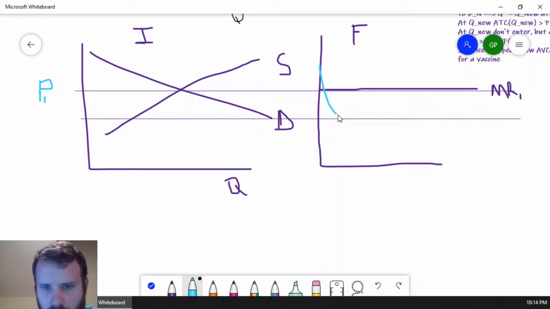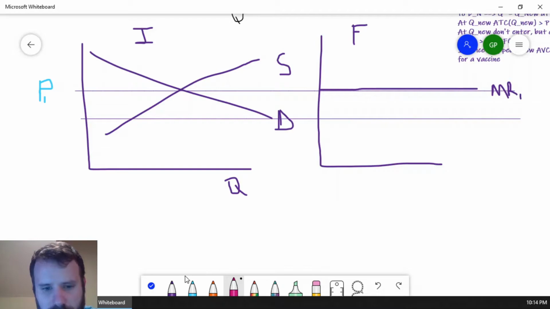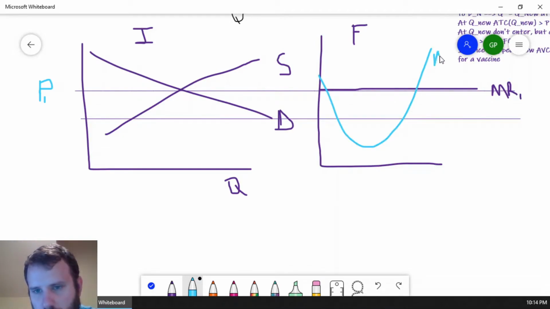I'm going to draw a random marginal cost curve here. I'm going to draw an average total cost curve. My marginal cost curve was too high. I'm going to draw an average total cost curve, which will minimize at the intersection.